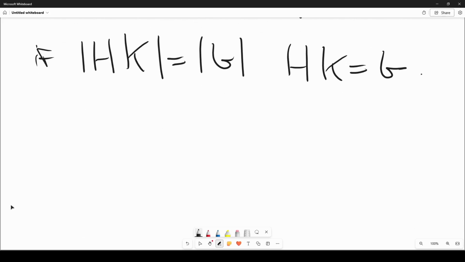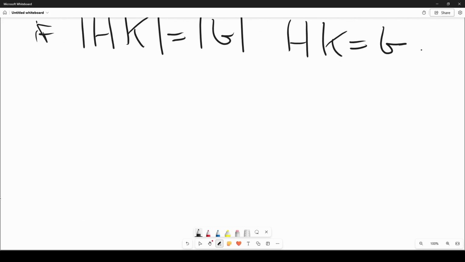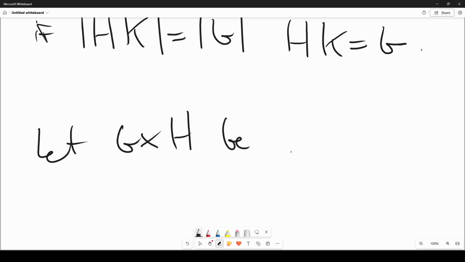Okay. So to figure this out, or to get a better motivation for it, let's just look at a general product G cross H. Let G cross H be a general product of groups.